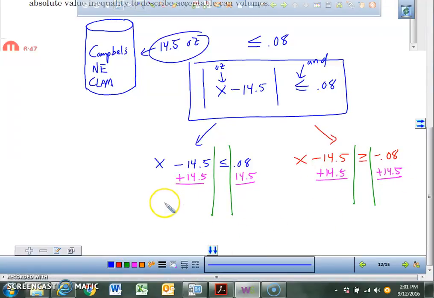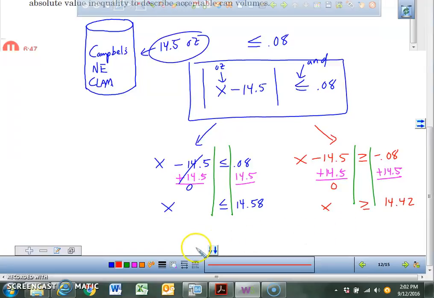All right, so here we have an x. That zeroes out, right? Is less than or equal to 14.58. That's actually kind of what I want them to put into the can. Maybe make it an extra little bite, maybe small. Maybe I get the actual amount where I'm scraping it out of the can. All right, and then this zeroes out. We're left with x is greater than or equal to 14.42.